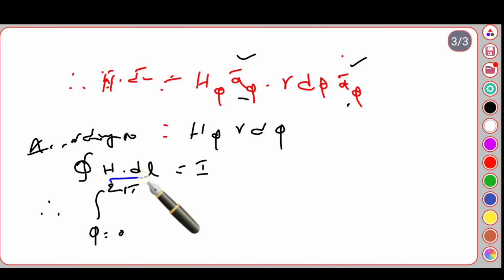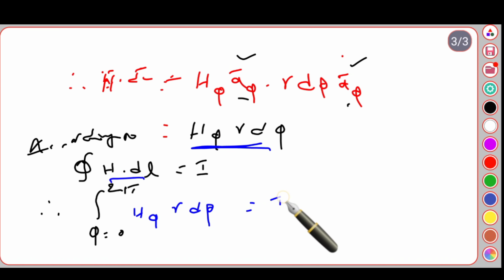We are applying H dot dl, whose value we already calculated: H phi r d phi equal to I. Now H phi r is constant, and we integrate with respect to d phi.